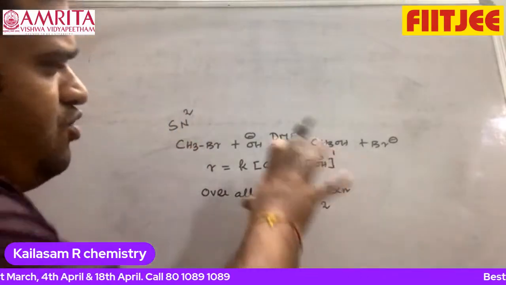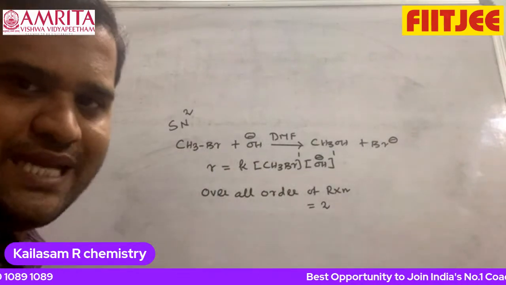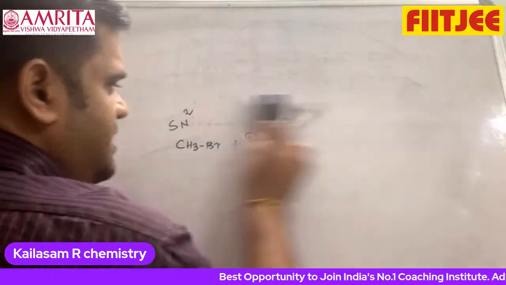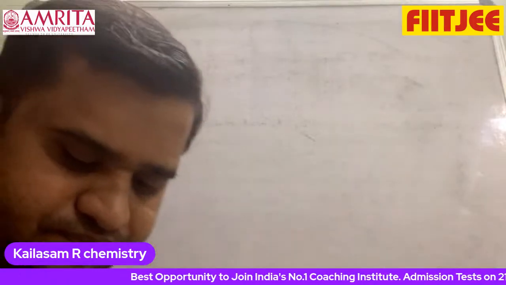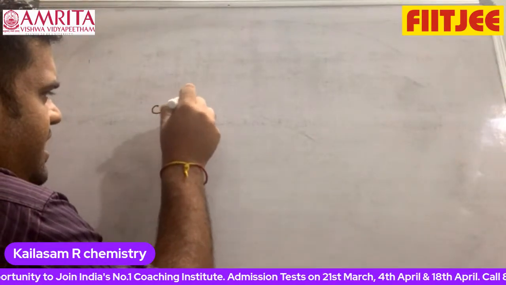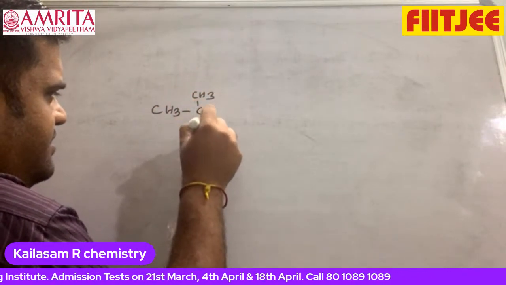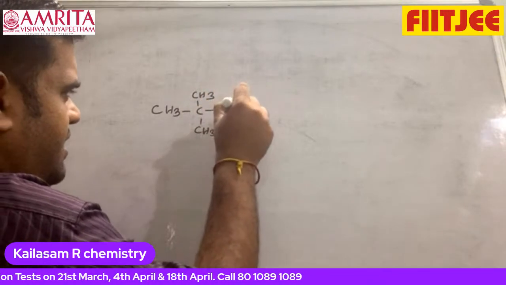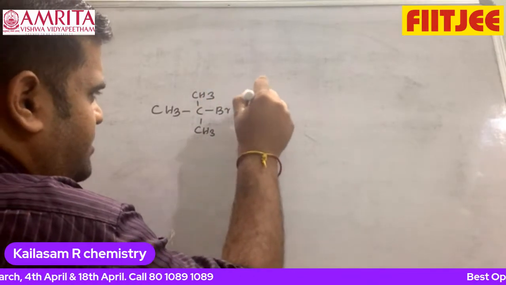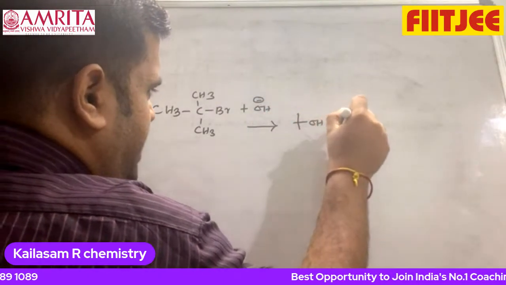So this is how we can say the rate depends on substrate as well as nucleophile. Now I'm taking one more example that gives a clear cut idea. I'm taking (CH3)3C-Br plus OH minus, which gives the alcohol plus Br minus.